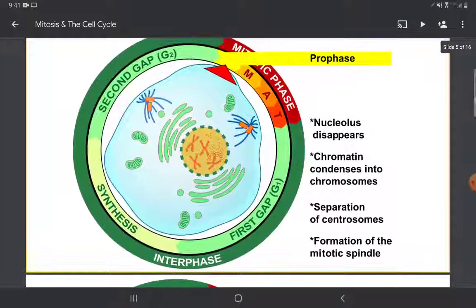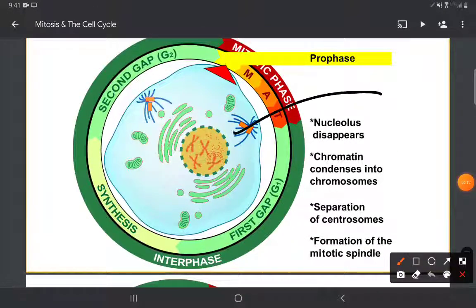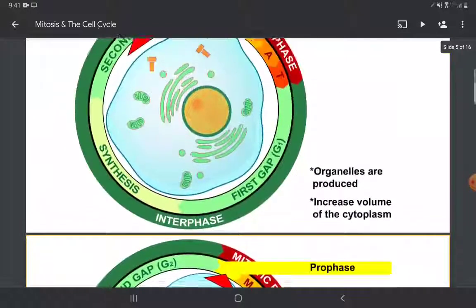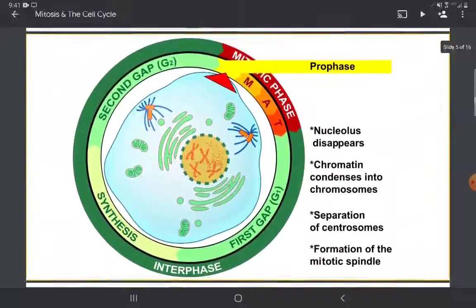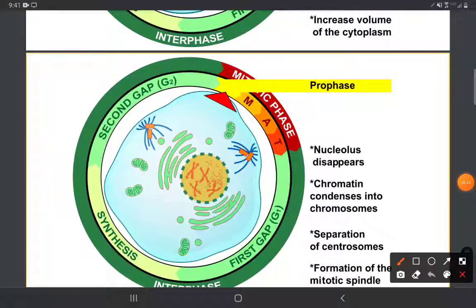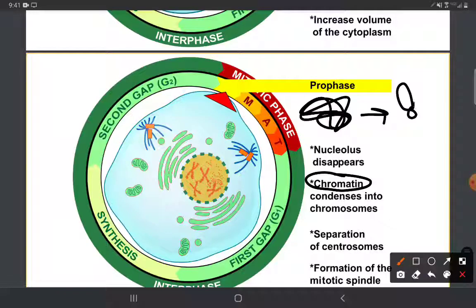But if we look here, the DNA takes a different shape. Chromatin becomes chromosomes. The reason that chromosomes have this shape is because of S phase.